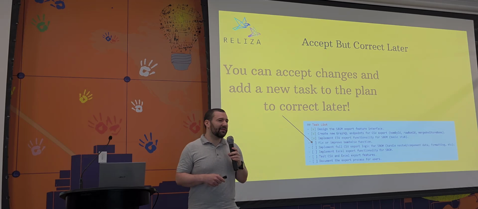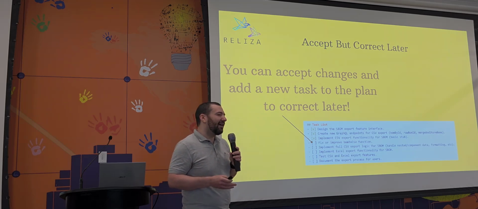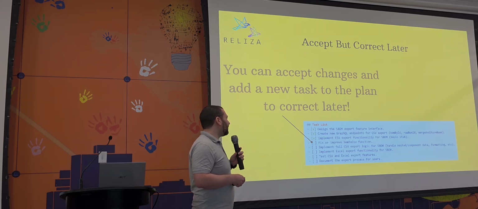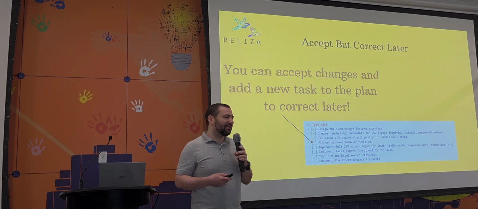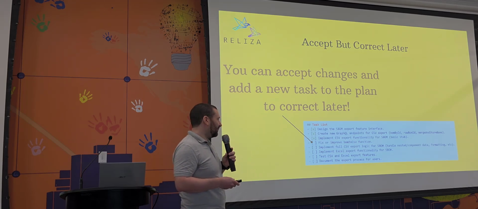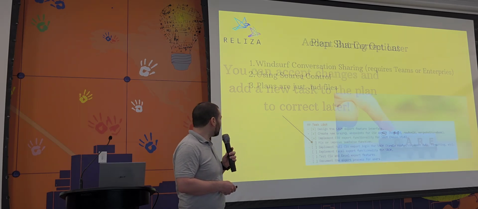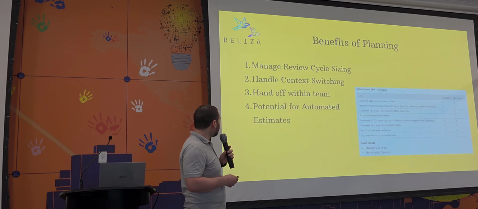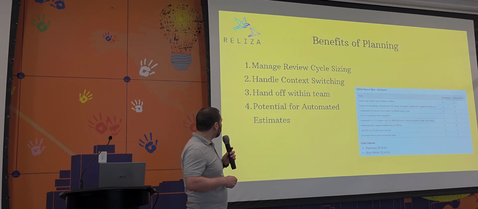I was happy with that, but maybe that will not always be the case. Also, you can go and edit this markdown file manually. It's up to you. It's just a markdown file. You can make any edits you want, and the agent will respect those edits. So you can do handoff within the team.